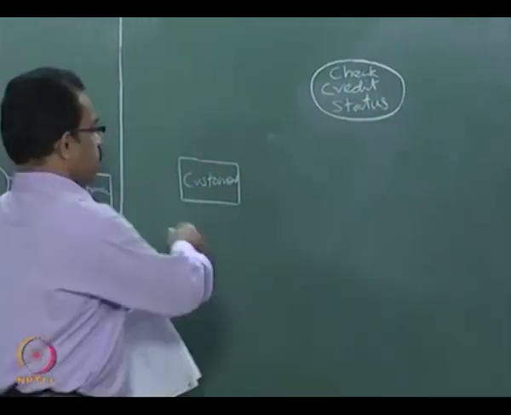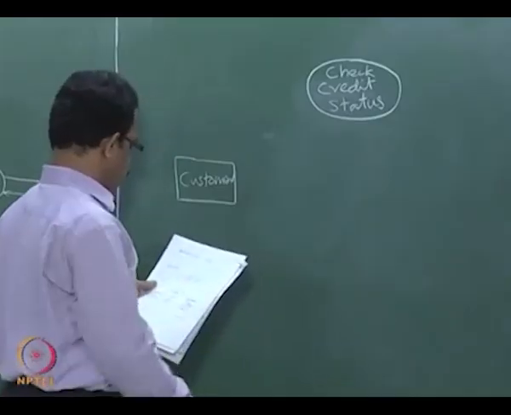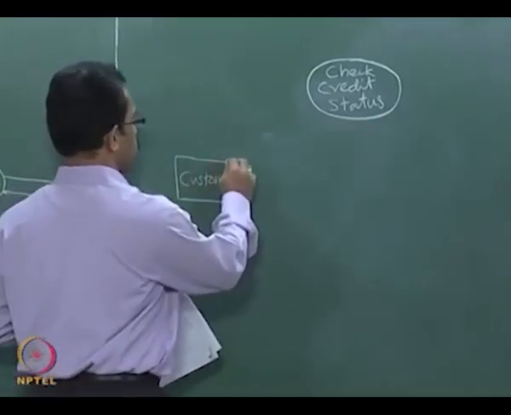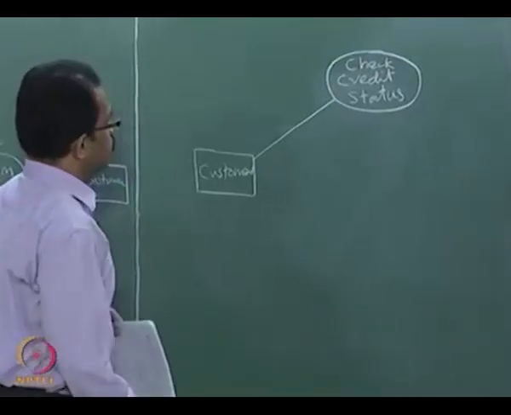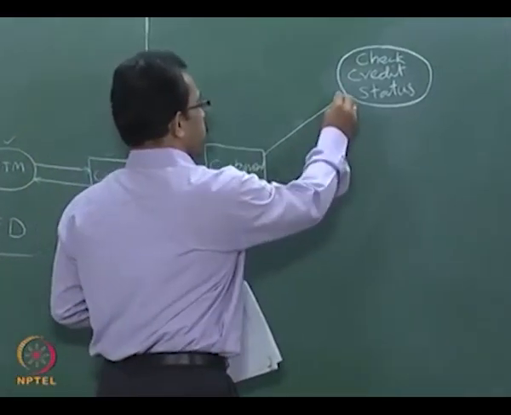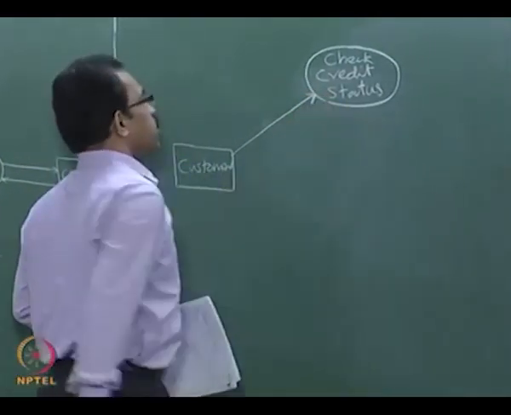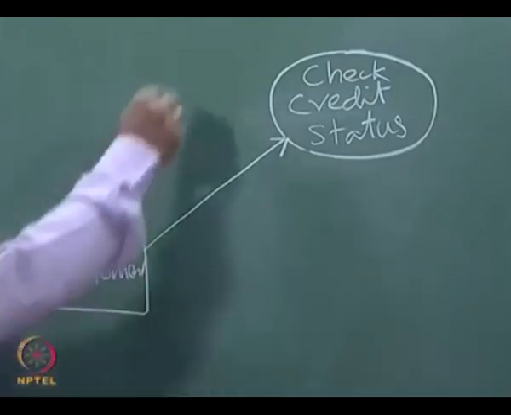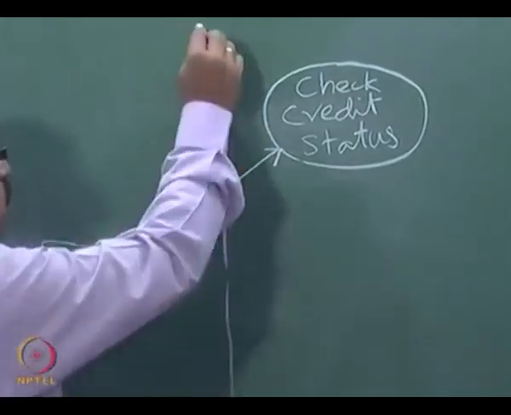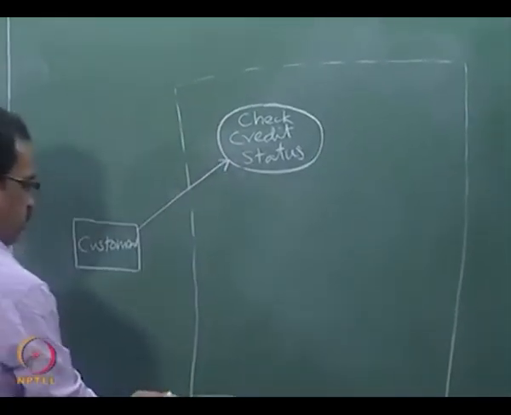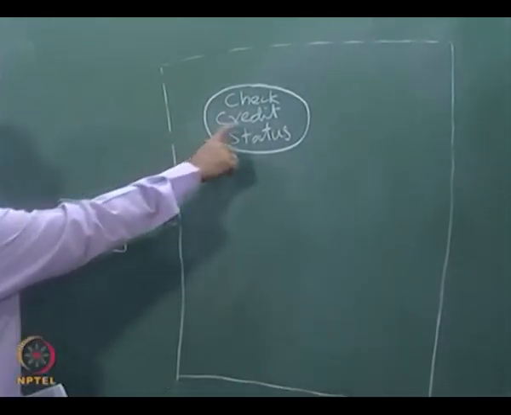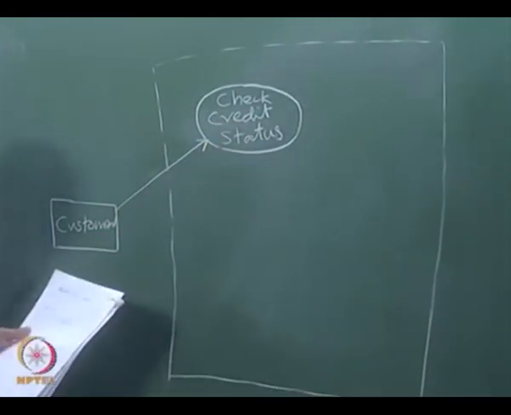That is one function. Whenever the customer wants to have a transaction or places an order, when the customer makes an online order through credit cards, there will be a credit check by the system. So if you represent the whole processing system inside a box, you can see there are multiple functions. One function is to check the credit status.